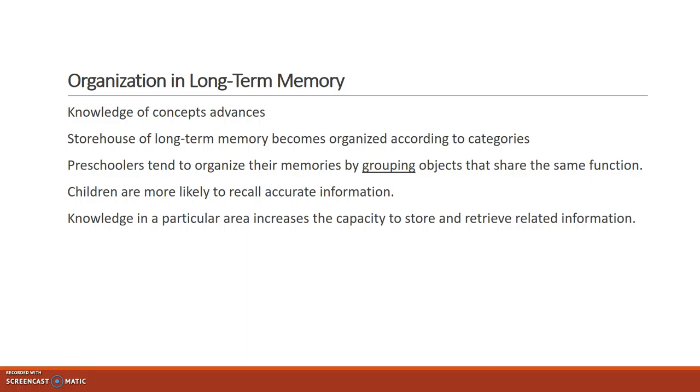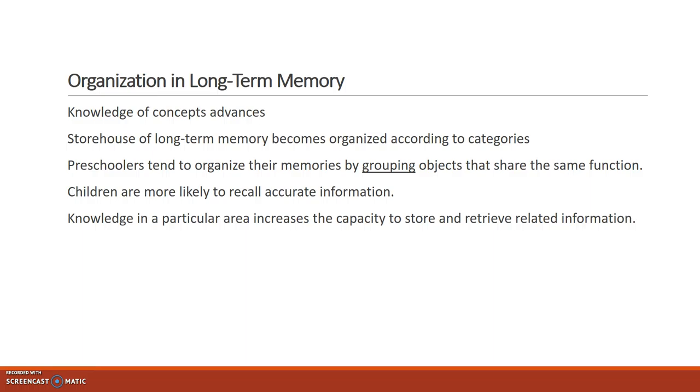All right. Now, when it comes to organization of long-term memory, as our knowledge of different concepts advances, it becomes greater. Long-term memory becomes more organized according to categories. Preschoolers tend to organize their memories by grouping objects that share the same function.